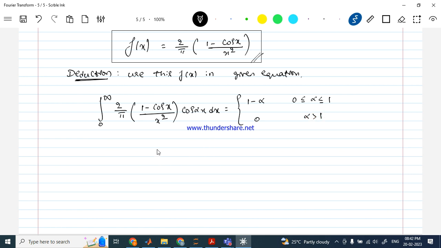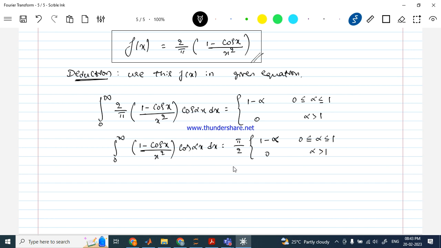Simplify this. So this gives us 2 by pi taken out, that is integration 0 to infinity of 1 minus cos x by x square into cos alpha x dx, which is equal to, so 2 by pi is taken out and by cross multiplication pi comes to the numerator, 2 is in the denominator, it's 1 minus alpha for 0 less than or equal to alpha less than or equal to 1, and 0 for alpha greater than 1.